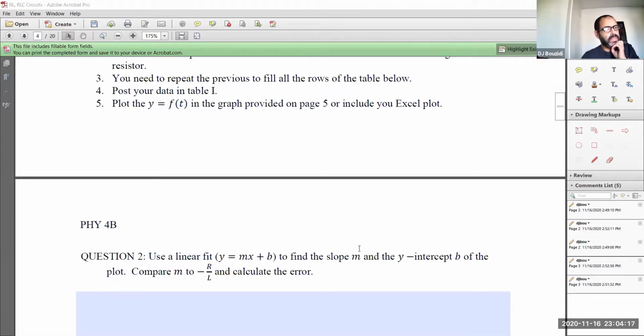And the slope is going to be comparable to minus R over L. That is really what we're trying to compare it to. Obviously, you need to see how far you are off from R over L, where R is 10 and L is 50.